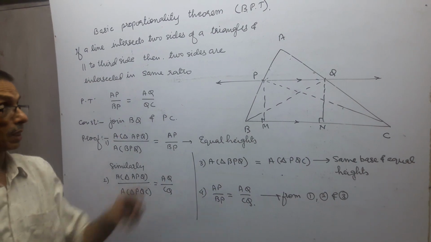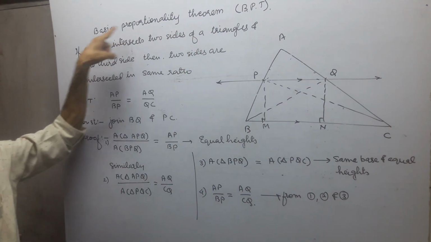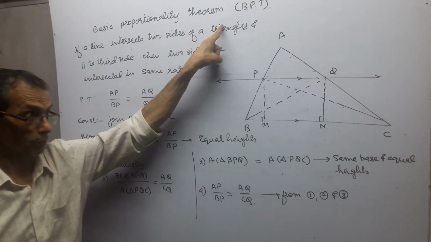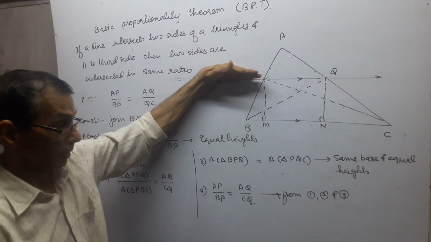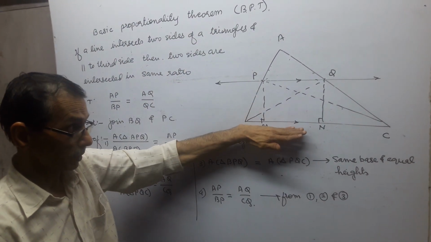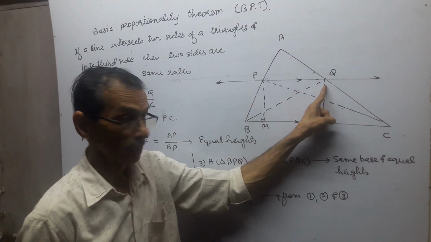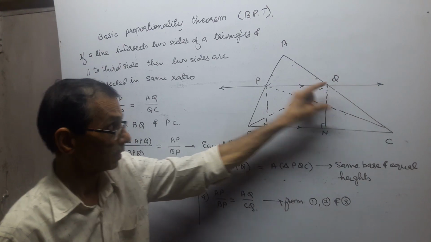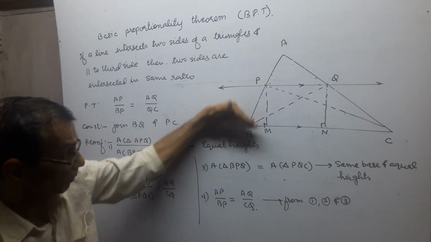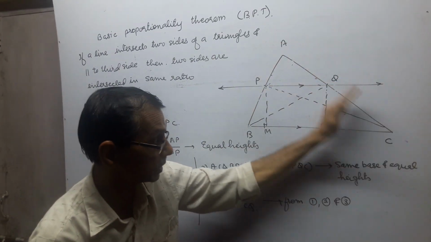And this is known as the BPT theorem. Take note, basic proportionality theorem. Once again, if a line is parallel to one of the sides of a triangle, then it intersects the other two sides in the same proportion. So AP upon BP is equal to AQ upon CQ.